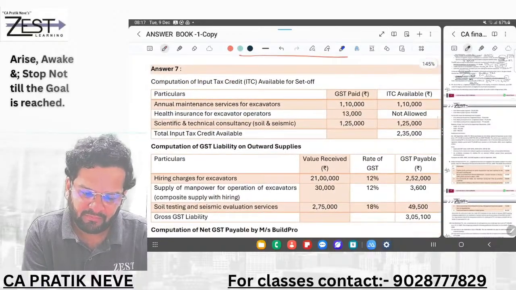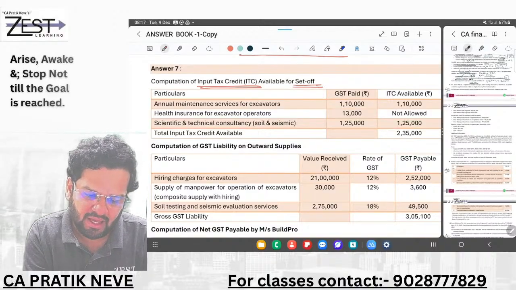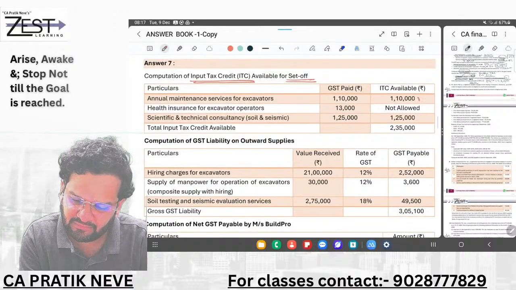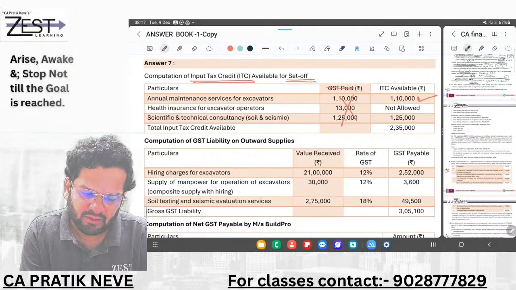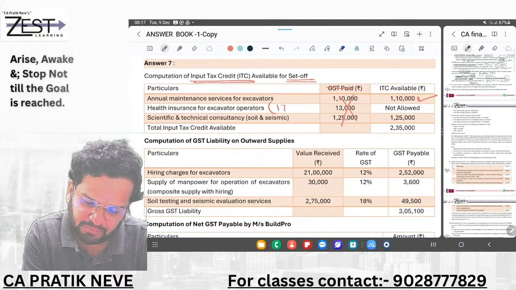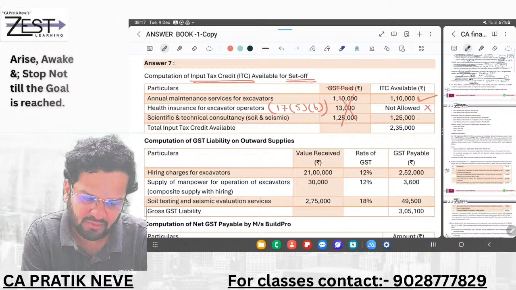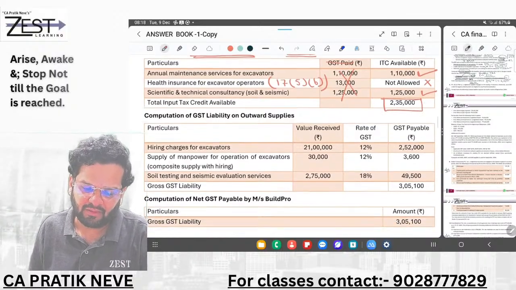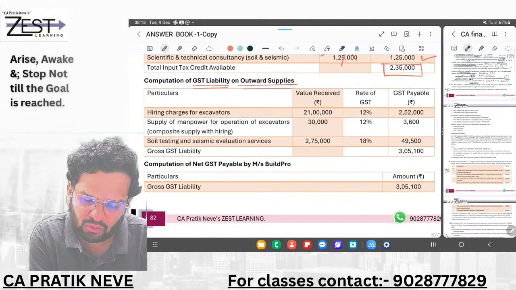So see, first we did ITC computation available for set off, annual maintenance services for excavators. You took the ITC. It's okay even if you don't do this column. That's okay. Then health insurance blocked as per 17.5b. So no ITC. Then scientific and technical consultancy, you took ITC. So total is 235. Now you are supposed to calculate GST liability on outward supplies.